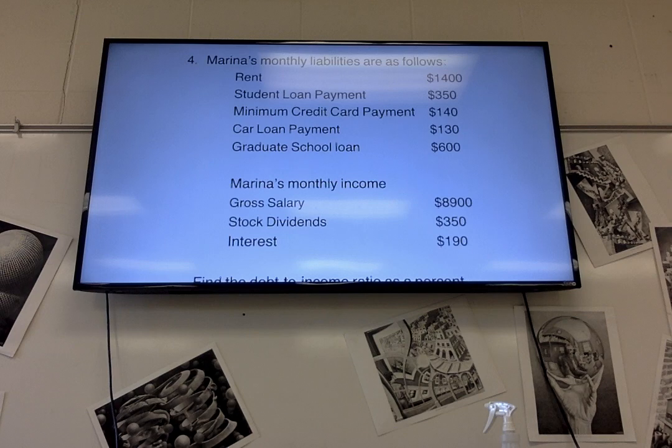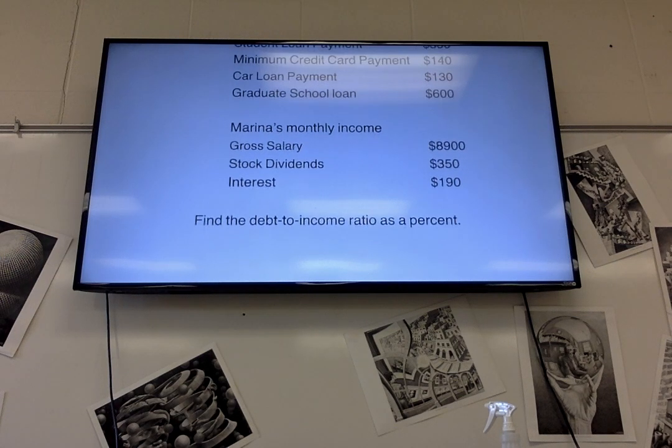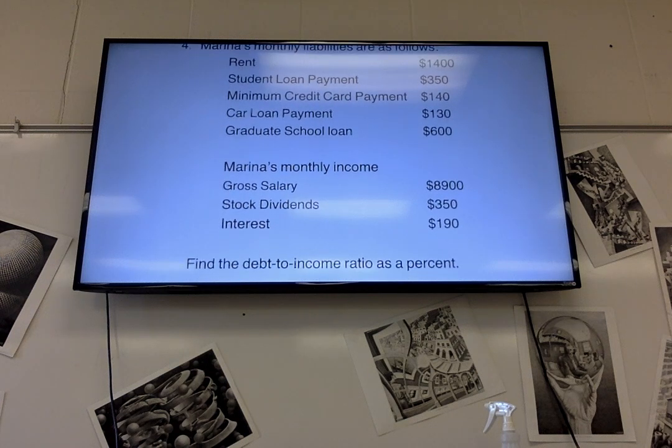Then Marina's monthly liabilities and her monthly income, and we want the debt to income ratio as a percent. Okay, so we need these totals. So 1,400 plus 350 plus 140 plus 130 plus 600. If I typed all that right, please somebody tell me if I didn't. What y'all got?